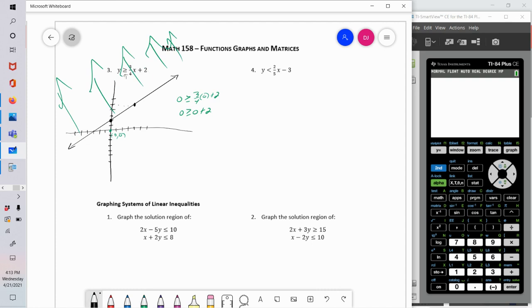Okay. Number 4, I'm going to pretend again as if we're going to graph the line y equals 2/5 x minus 3.